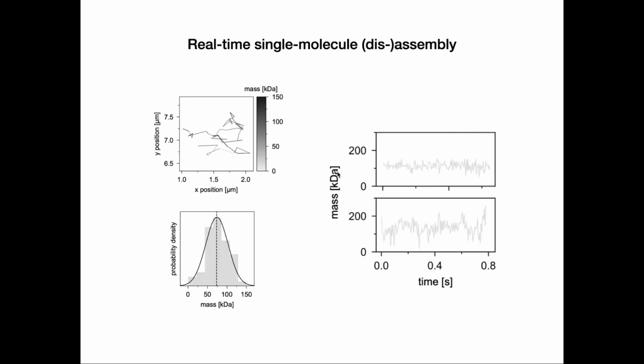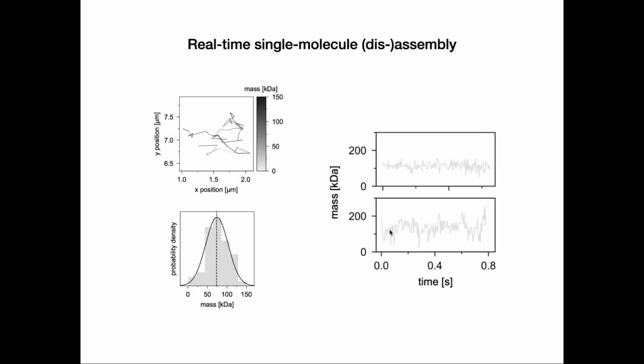So for MinD, in most of our trajectories, especially if they were short, we saw a more or less flat line. But in some of the longer trajectories, the mass would fluctuate more than in these flat lines. And we thought this could be due to attachment and detachment events of subunits in between.